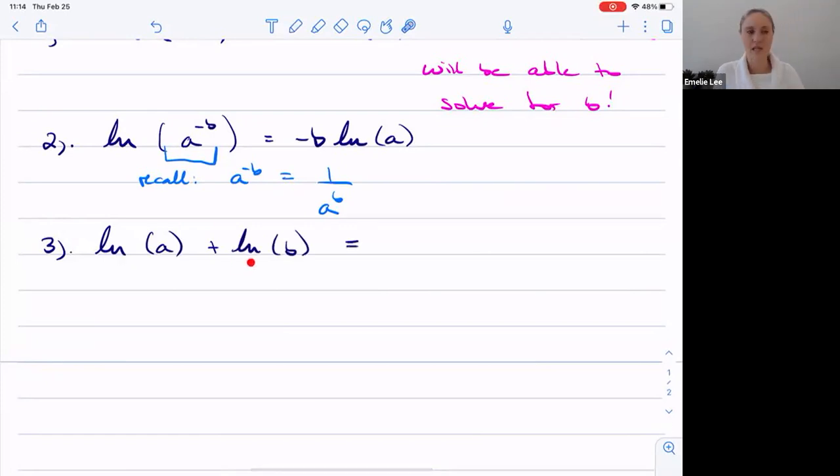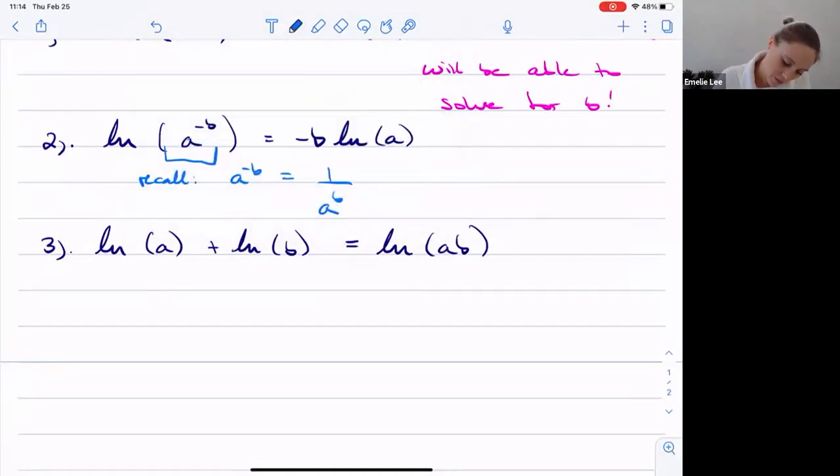Notice that we had logs of the same base here. If I'm adding logs of the same base, and I want to simplify that into one log, what happens is we end up multiplying a and b. So this becomes the log of a times b.